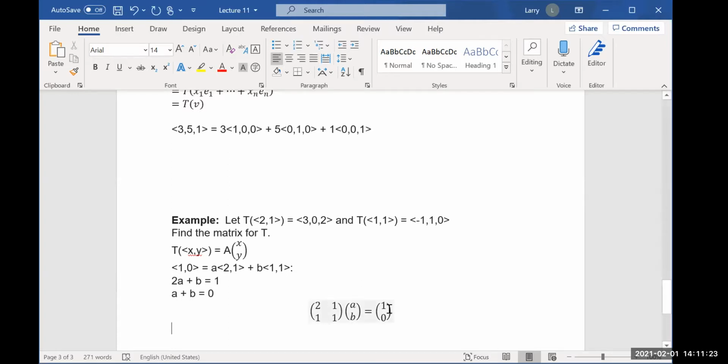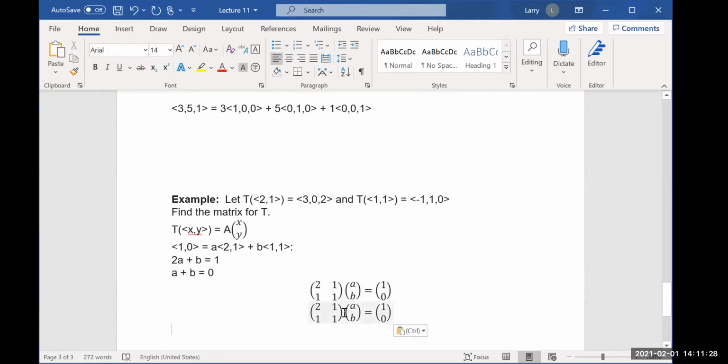And now I can say that (A, B) is this matrix inverse times (1, 0). Any questions on that? Which is equal to, now remember the inverse, the determinant is what? 2 times 1 minus 1 times 1, which is 1. Do you agree? Yes.